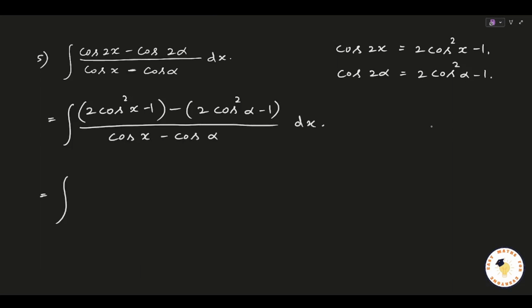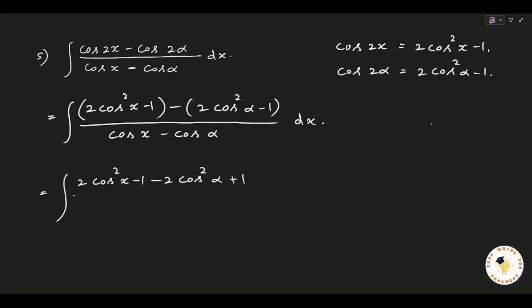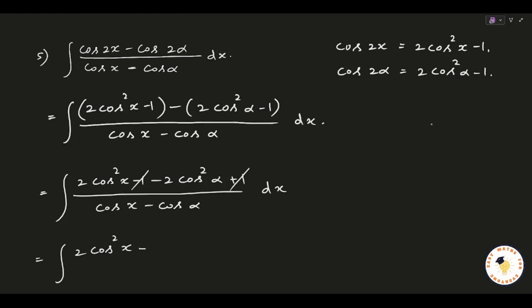Now subtracting the second term from the first term, we get 2 cos square x minus 1 minus 2 cos square alpha, minus of minus 1 will become plus 1 divided by cos x minus cos alpha into dx. So this minus 1 and plus 1 will cancel. So the remaining terms are 2 cos square x minus 2 cos square alpha divided by cos x minus cos alpha into dx.